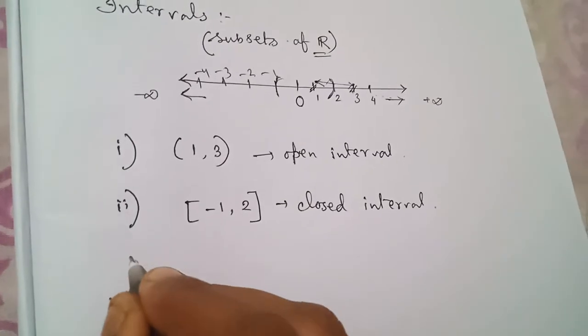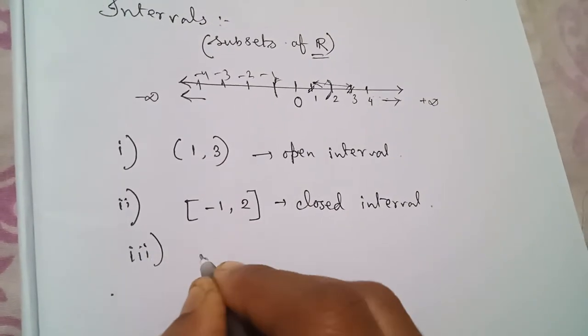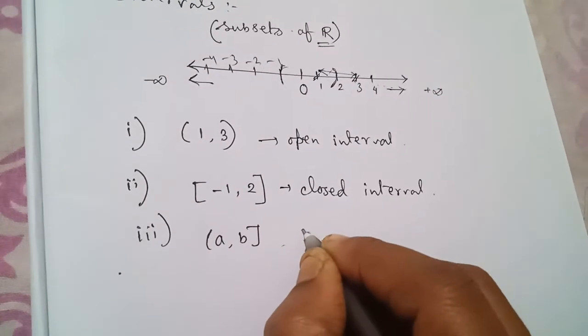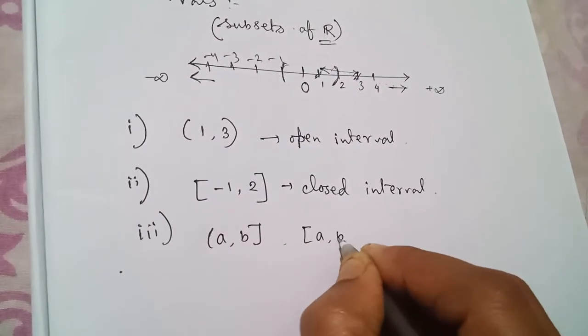There are another 2 types of intervals like (A, B] and [A, B).